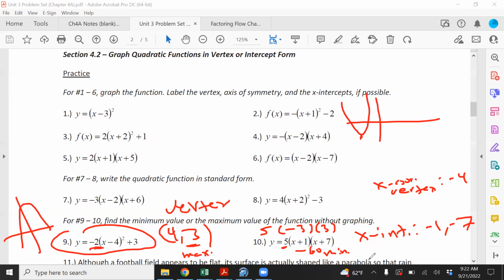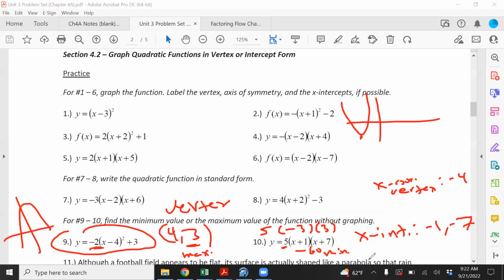So h is 4, k is 3. Now the vertex is either going to be a low point if the graph opens up, or a high point if the graph opens down. My a value is negative, so the graph is going to open down. It's like frowning, it's sad, it's negative. Think of it that way. So the vertex is the high point, and we have a maximum value of 3. That's the maximum y value the graph could hold.